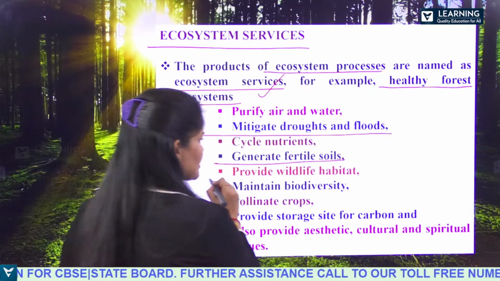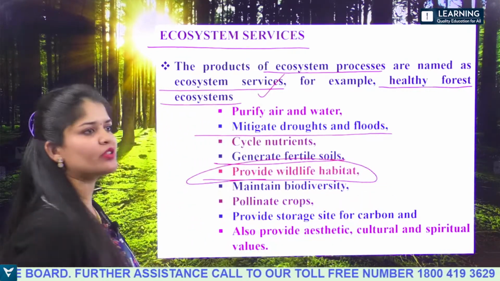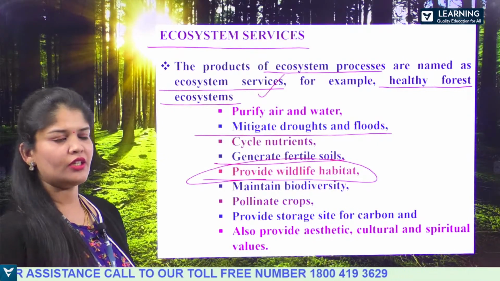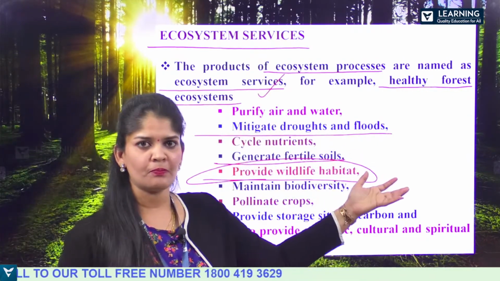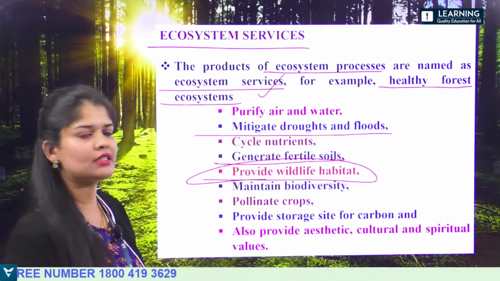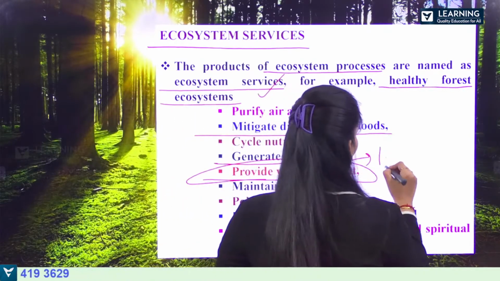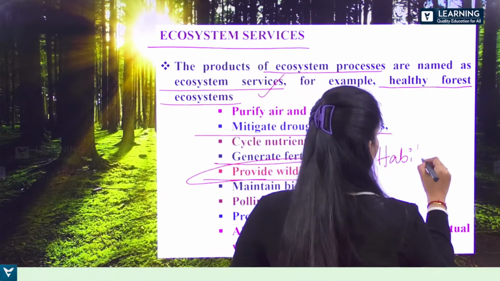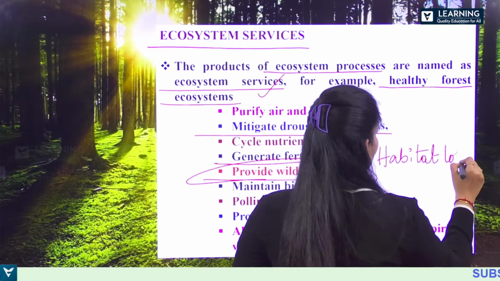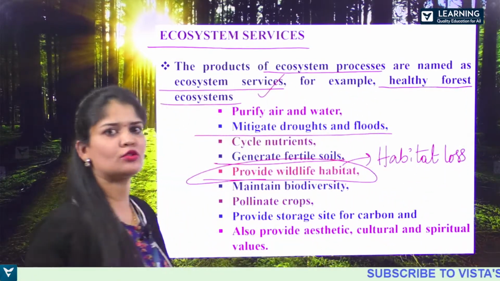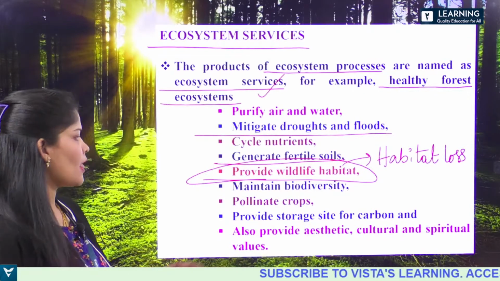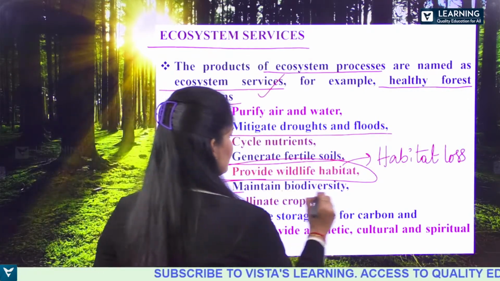And also, it provides the habitat for the wildlife. If the ecosystem is not healthy, then there is a condition called habitat loss, which has a major effect on the wildlife, and it maintains the biodiversity.